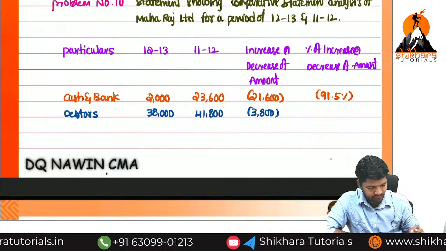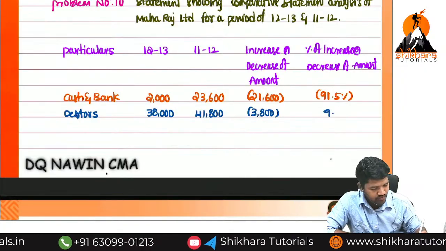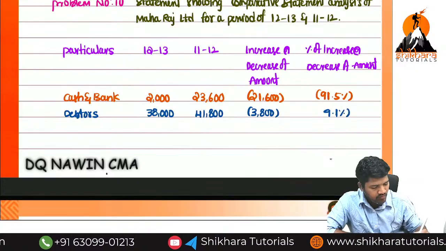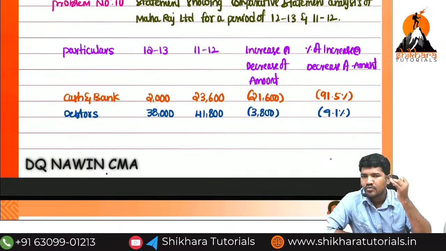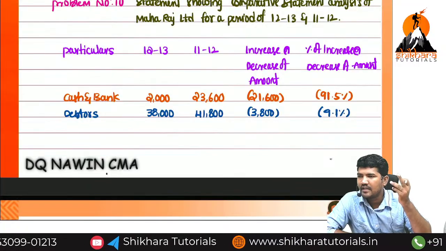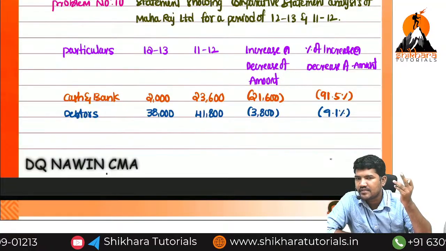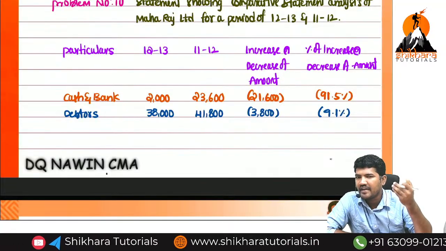Percentage: 9.1%. What is the reason for the decrease? Two things: either we are not collecting, or we have not made new credit sales.